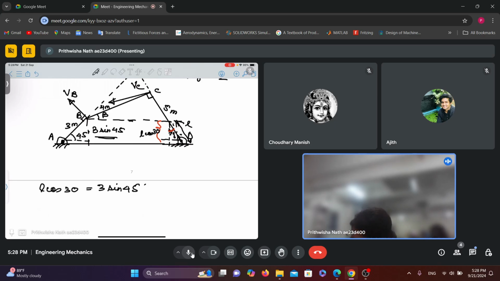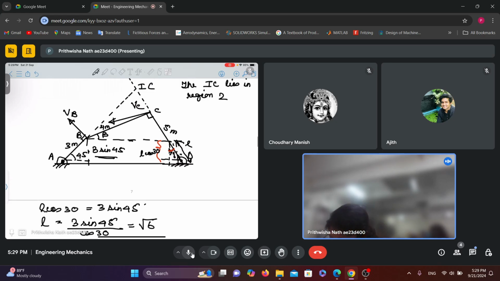So from there I can calculate L. 3 sine 45 divided by cos 30 gives L. So L is root 6.